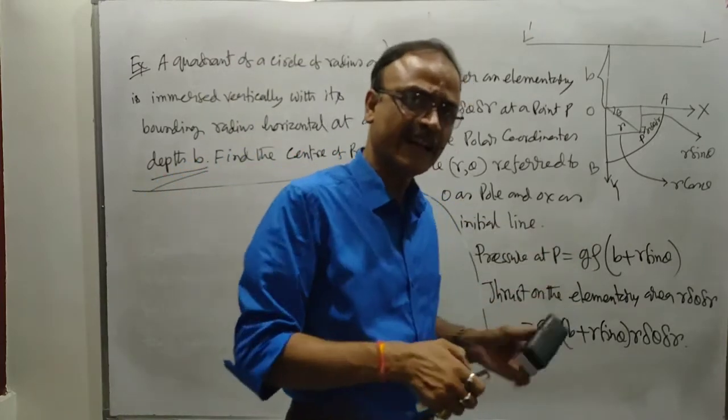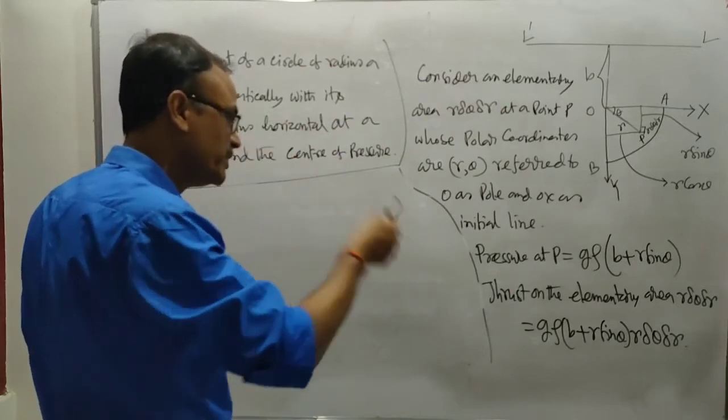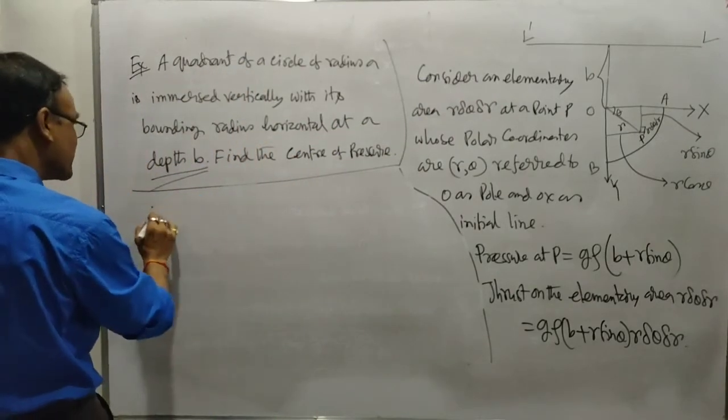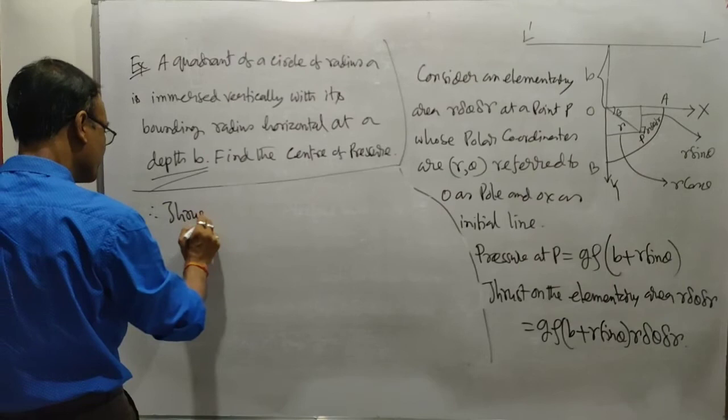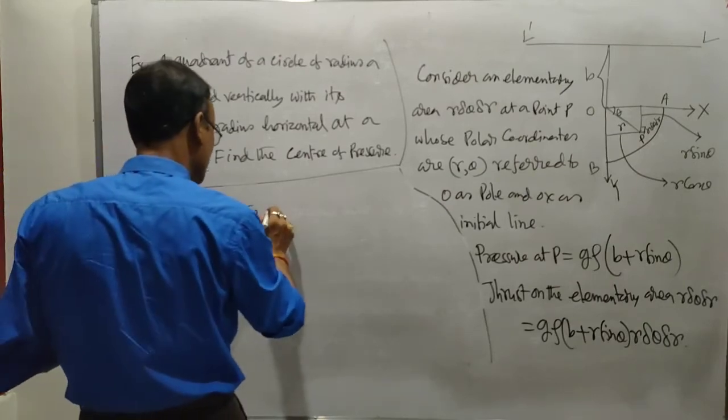Therefore, thrust on the whole area, meaning the quadrant, will be equal to summation.